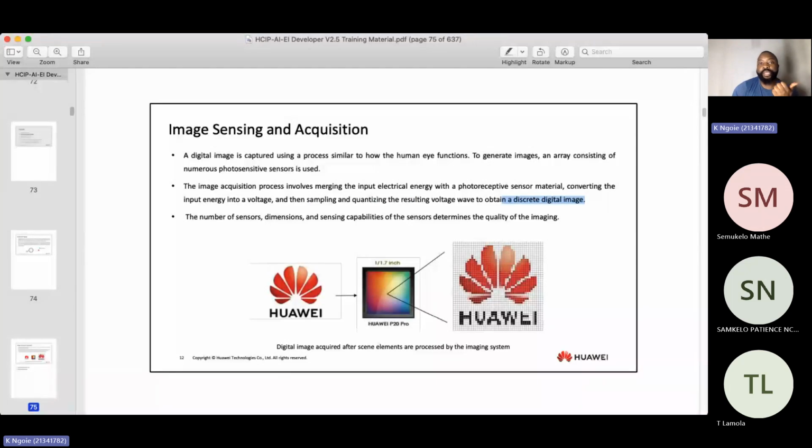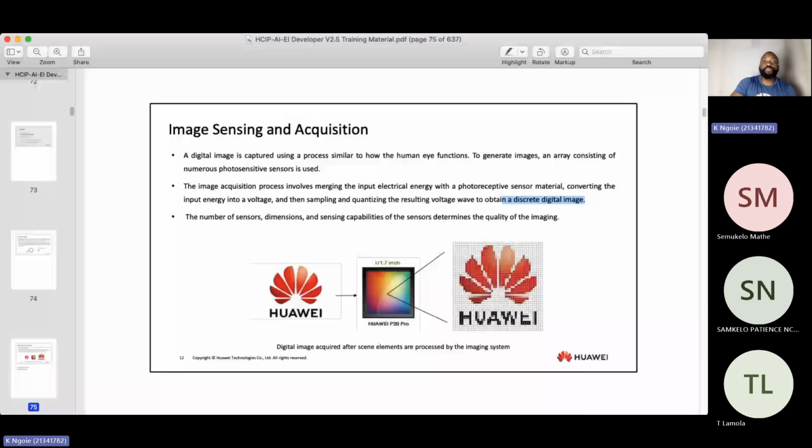So we have image sensors, we have color sensing as well, which will detect what the color is in the image. We have an image acquisition process, right? Where we capture the light through the lenses, and the sensors will detect and get the color pixels, and convert that into a signal, right?